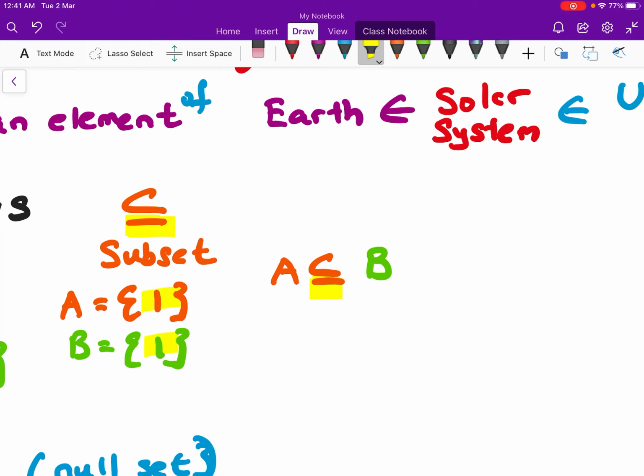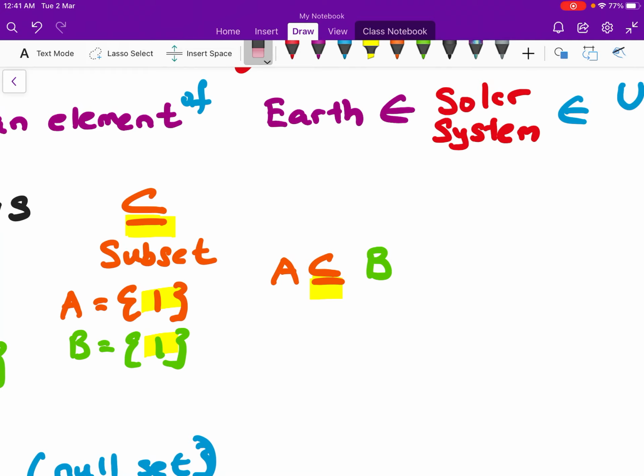Whenever I write the element, there must be a curly bracket. If you write A is equal to 1, this will be wrong, because whenever you do sets, you must put the element inside the curly bracket. So take note of that.